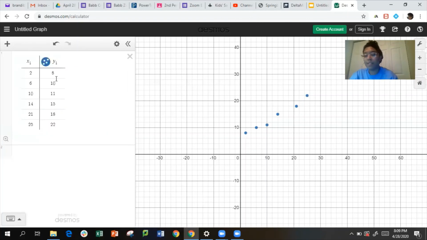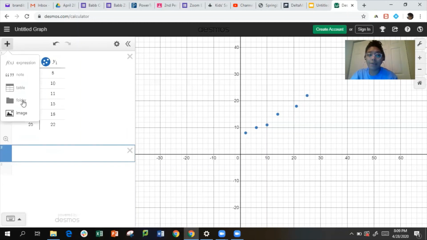Once I've typed in those numbers and I get all of my plots scattered, then I'm going to press enter and I'm going to get another slot, which is right here. And I'm going to press an expression, okay? Or you can hit the plus button and say what you want, an image, folder, note, expression, whatever, but right now we're doing an expression.